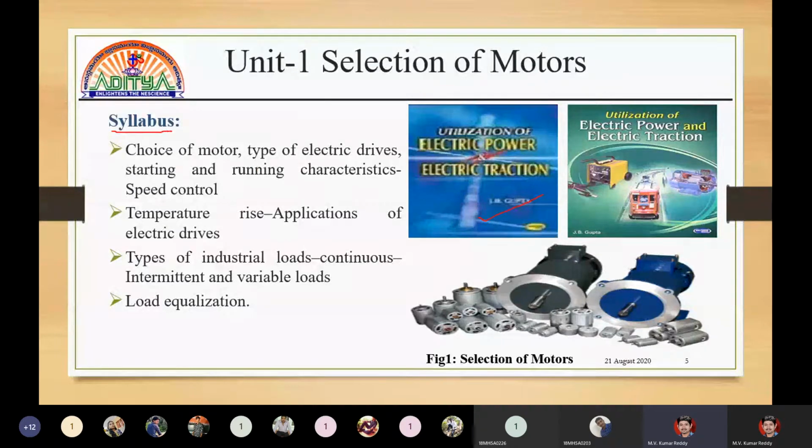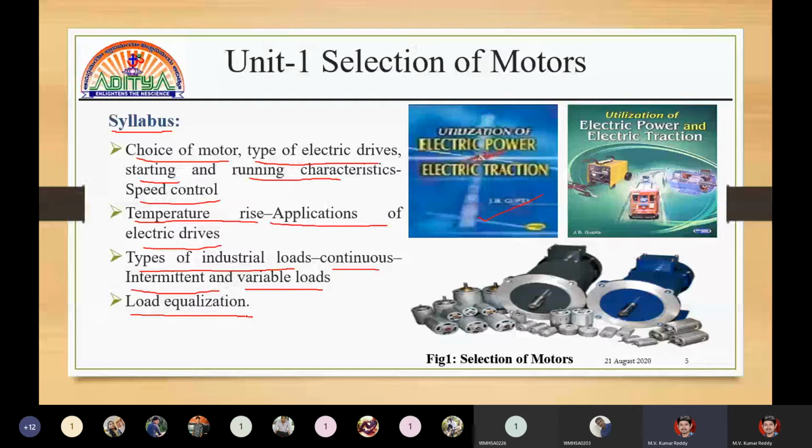This is the syllabus: choice of motor, types of electrical drives, starting and running characteristics of motors, speed control, temperature rise, applications of electrical drives, types of industrial loads, continuous loads, intermittent loads, variable loads, and the last topic is load equalization.